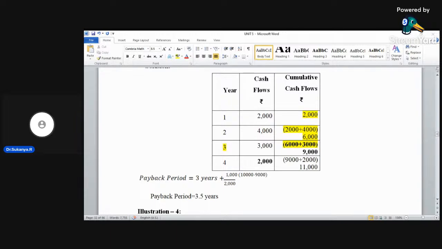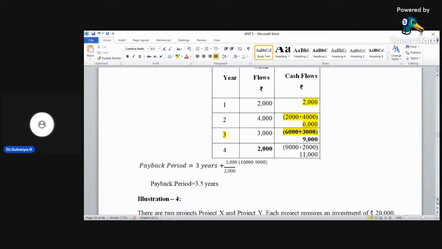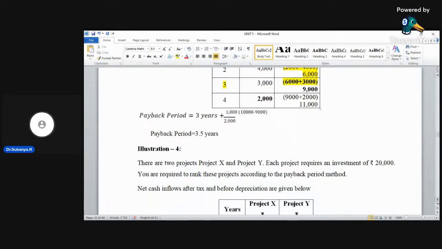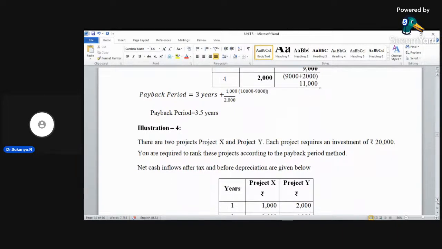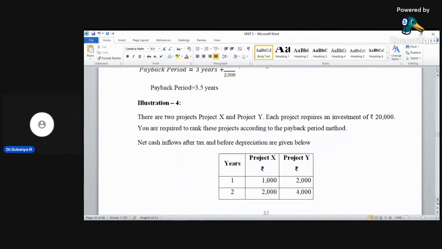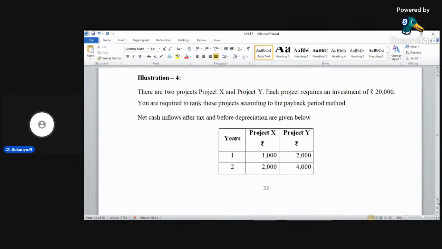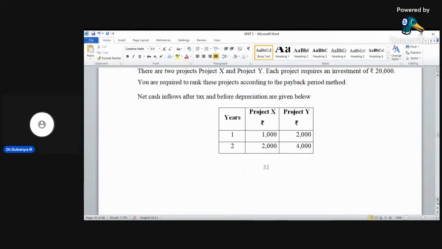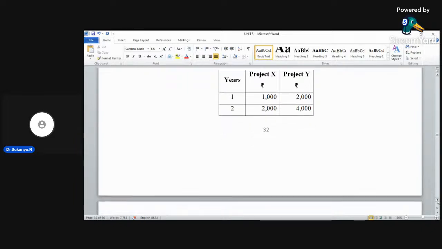So when you take 3 years plus 1,000 divided by 2,000, you will get 3.5 years. It means, dear students, that to recover the original investment you will require 3 years and 5 months. You should keep that in mind.